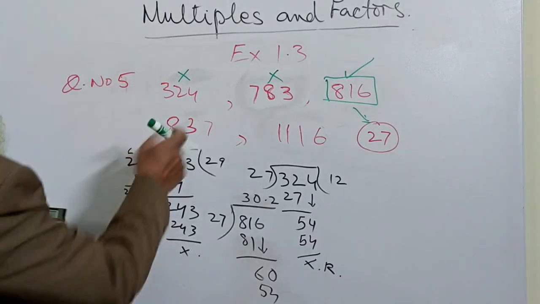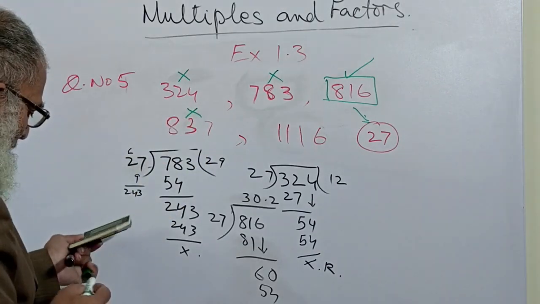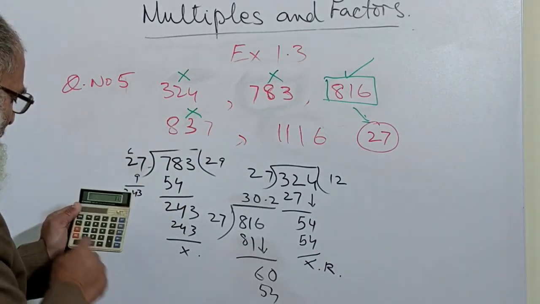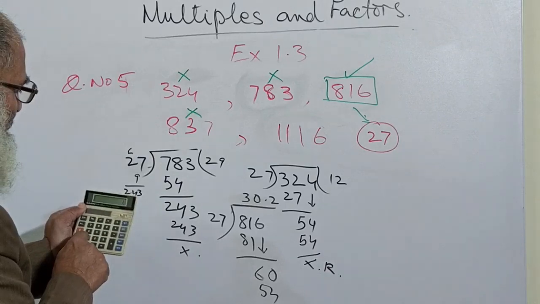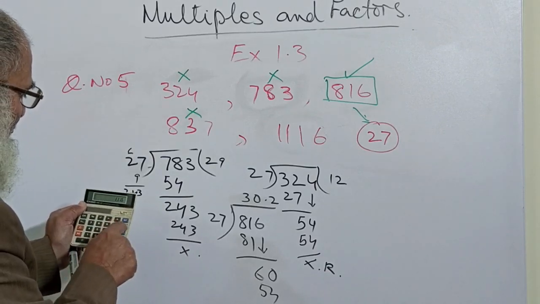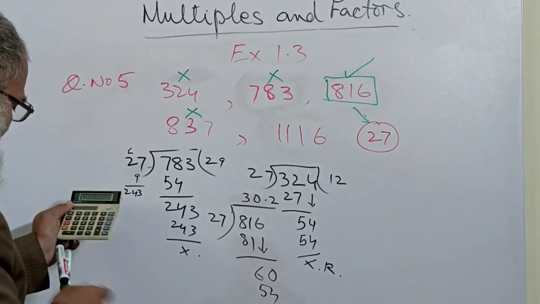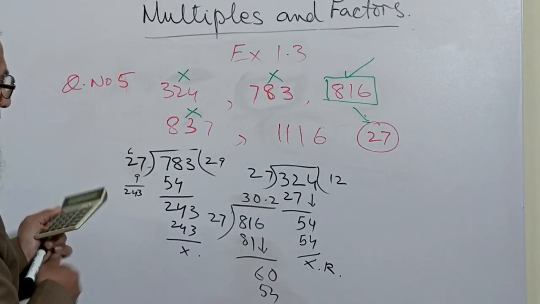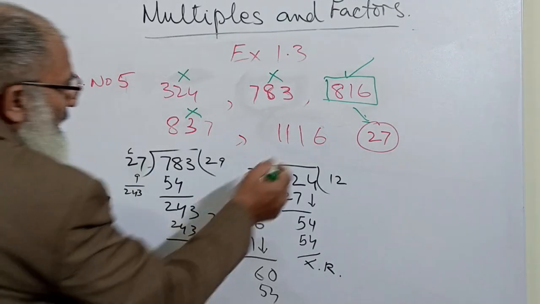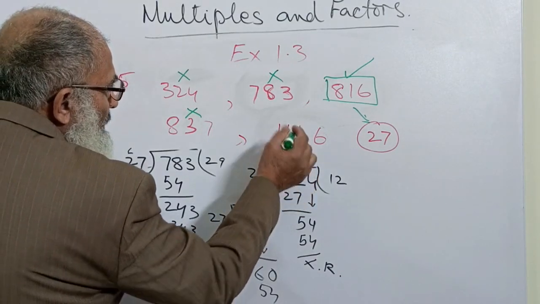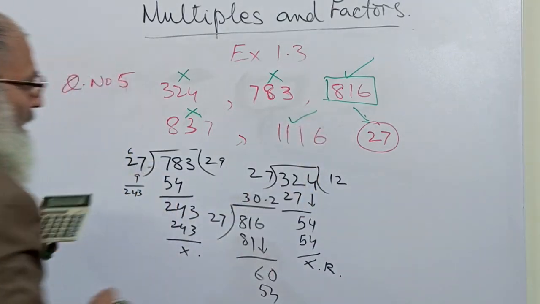So again, this does not qualify. And the last is 1116 divided by 27. Yes, and this comes with some remainder, so this does qualify.